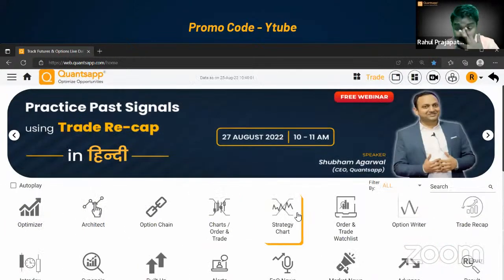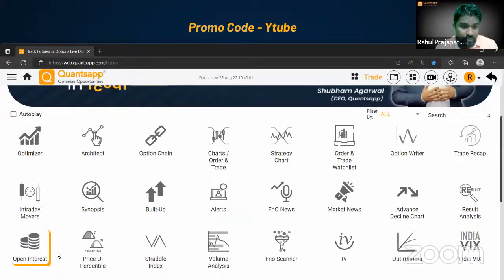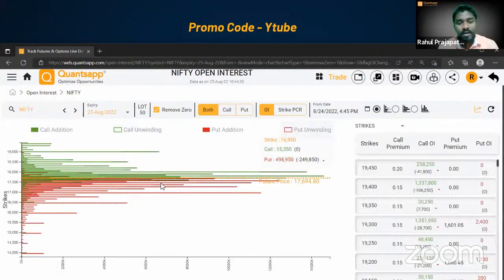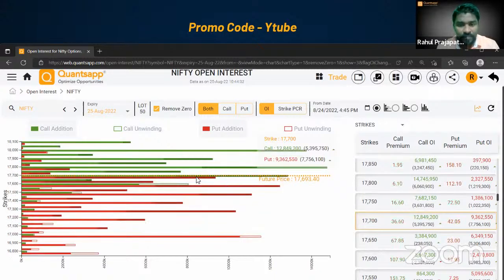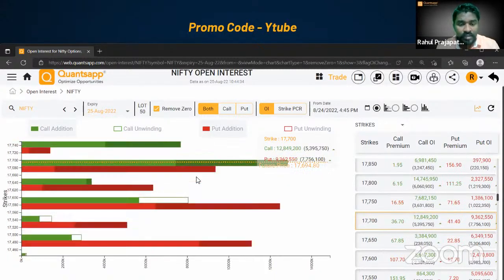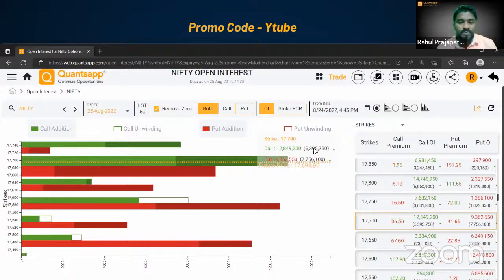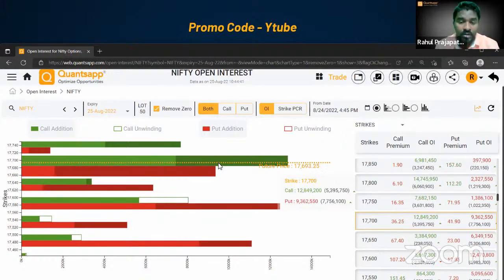Go for it again. So logically, what we need to find here is that the market is exactly trading near 17,700, right? So see, there is a huge addition happening right now. On this call option, almost 53 lakhs has been added in the 17,700 call option.